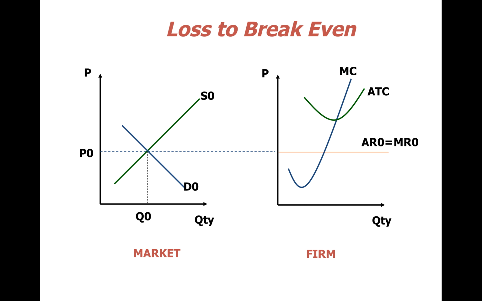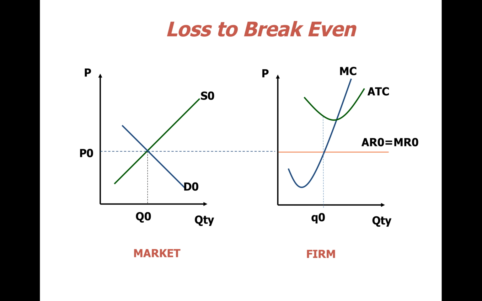How do we get the amount of loss? Since the profit maximizing condition is MR equal to MC, we look for the point where MR intersects MC. And this is given by small q0.